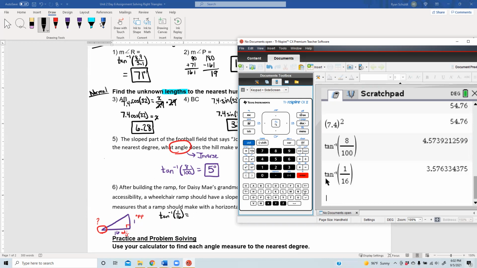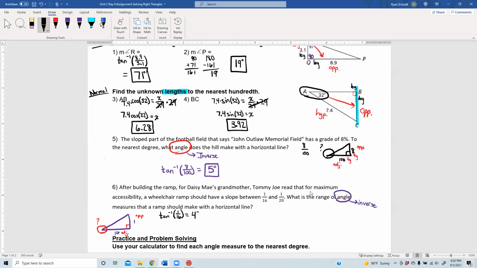It says to the nearest degree, so we're going to say 3.5 is 4 degrees. So there's that one.